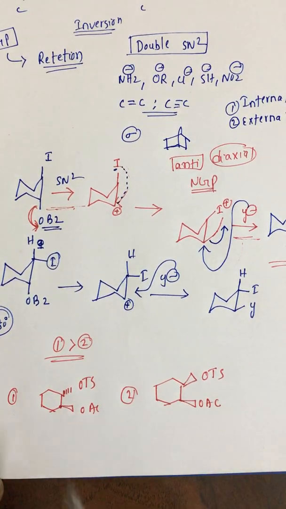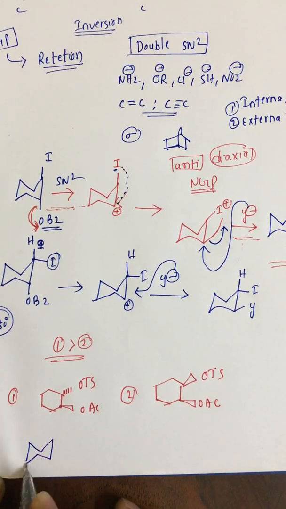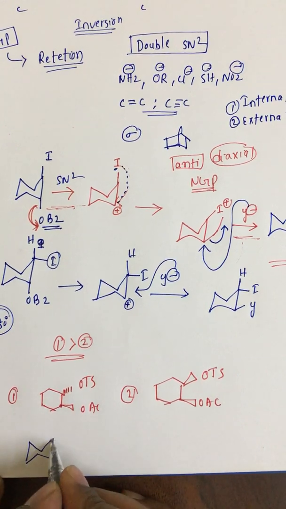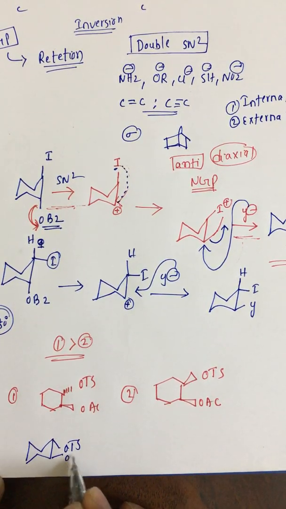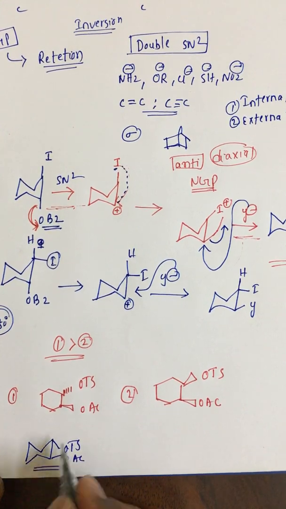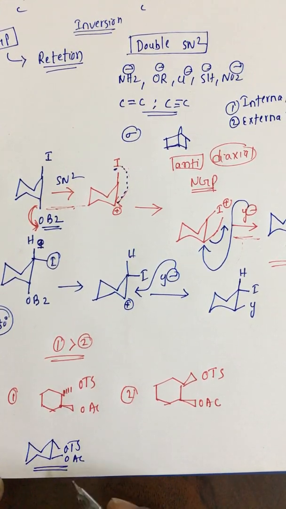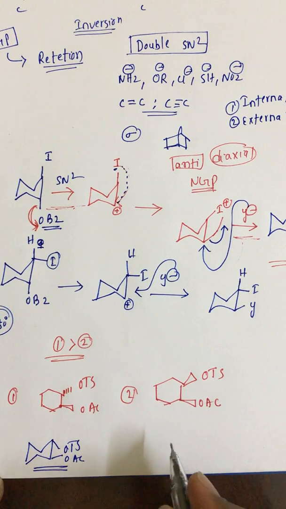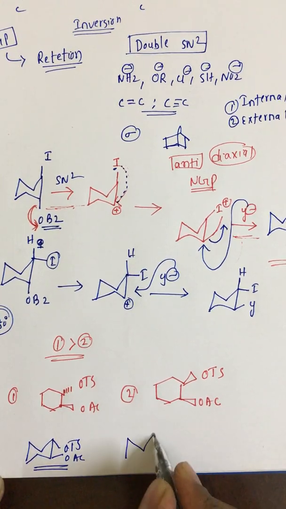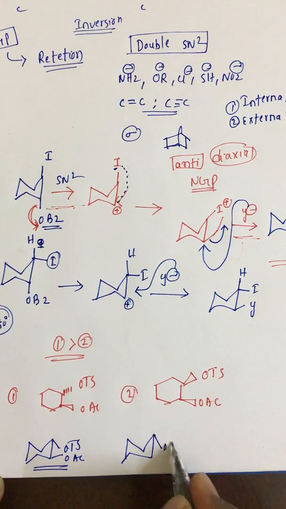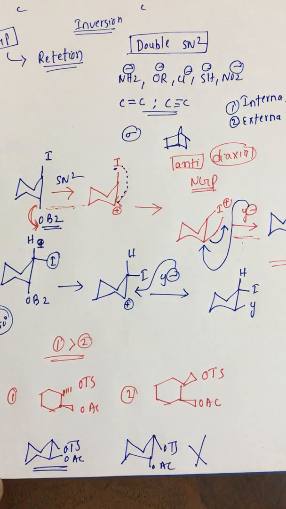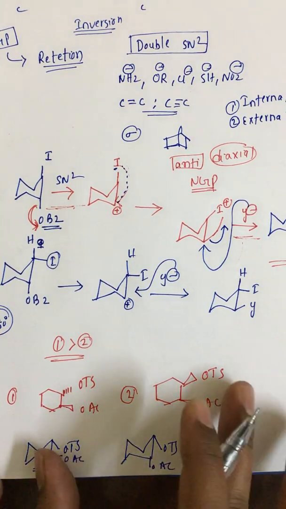Here also the same. This one is below the plane, and this one is above the plane, OAc. So here they are opposite to each other, so neighboring group participation is possible. In this case, they are both in the same direction, so neighboring group participation is not possible, that's why the reaction is slower. So I will show the mechanism for this also.